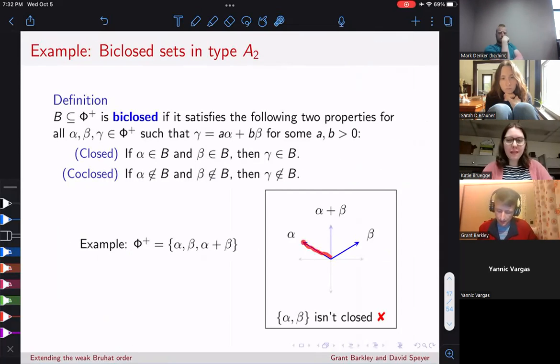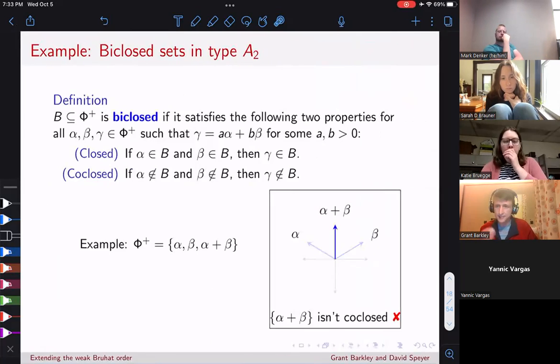If I tried to take alpha and beta without having alpha plus beta, then this fails the closure condition, because alpha plus beta is in the positive span of alpha and beta. Since these two are in the set, if it's to be closed, it also needs to have alpha plus beta. So this set is not closed. And similarly, this set is not co-closed because it violates the co-closed condition.